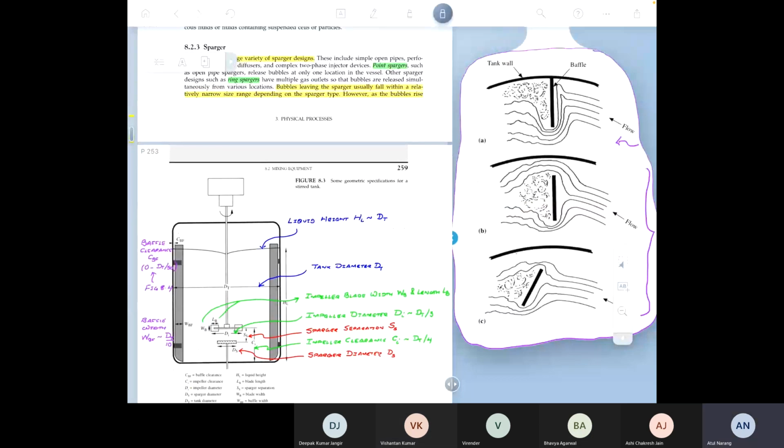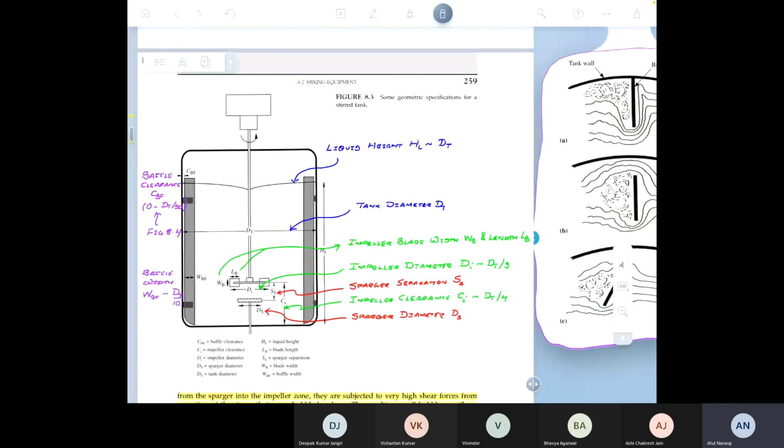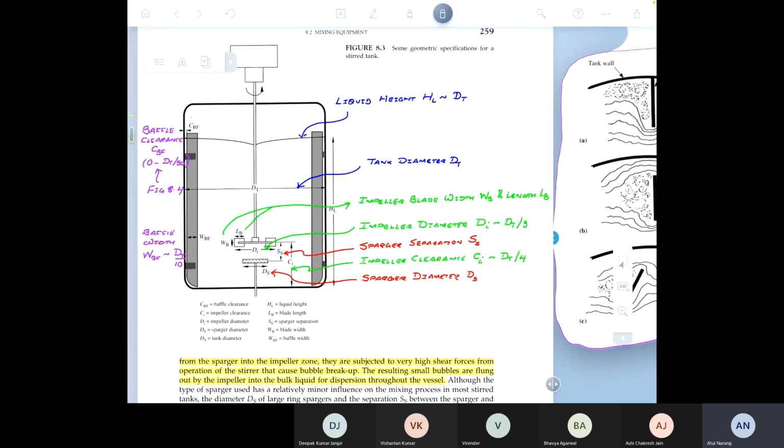Now, some dimensions that it is good to know. These will be used a lot in the coming chapter. It's also good to have a feel for the order of magnitude of the dimensions. So everything in this picture is going to be given in terms of the tank diameter. Everything is related to: if the tank diameter is this much, then this dimension is so much.